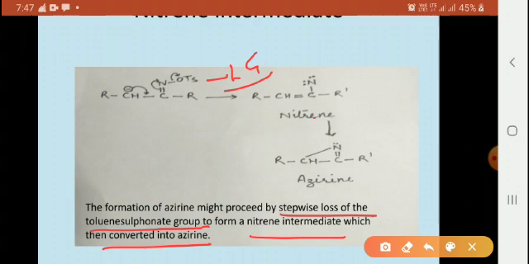This single-bonded nitrogen is the nitrene intermediate. This nitrene intermediate undergoes cyclization to form azirine via this lone pair shifting to this.